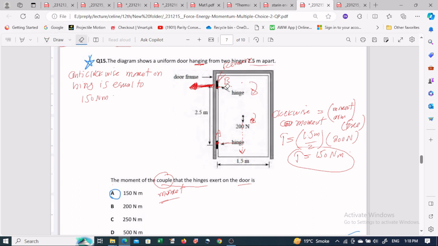Now, if I remove this hinge A and tilt the door, it will definitely go in this direction, so the force on this hinge acts in this direction.